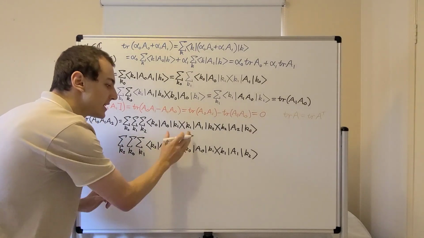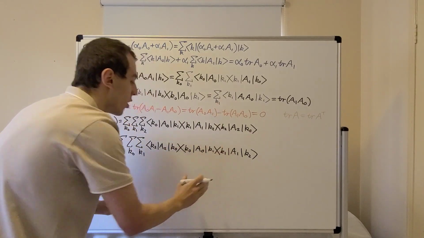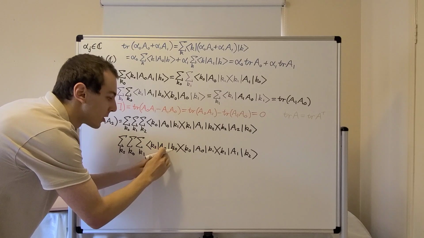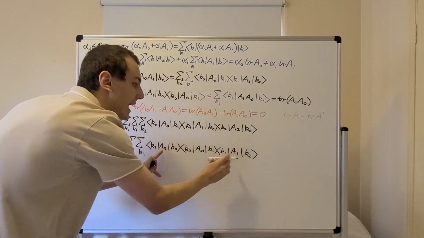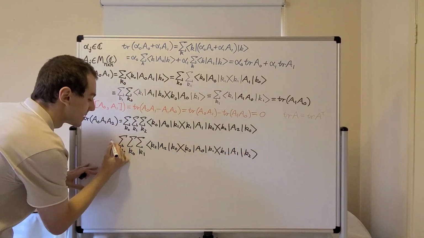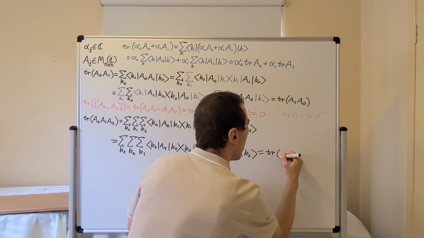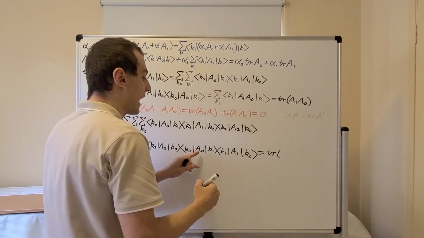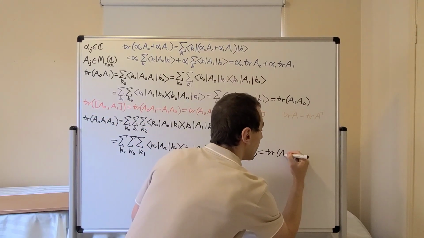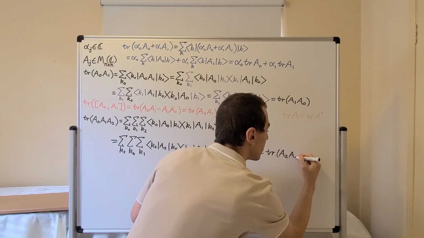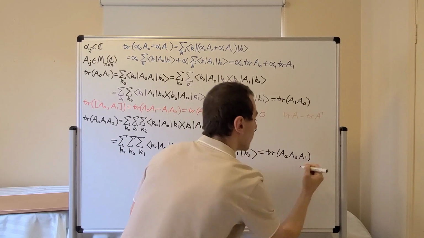If we ignore this identity and this identity, we will just see this matrix product A2, A0, A1 occurring within the trace. So we can write this equivalently as the trace of A2, A0, A1.